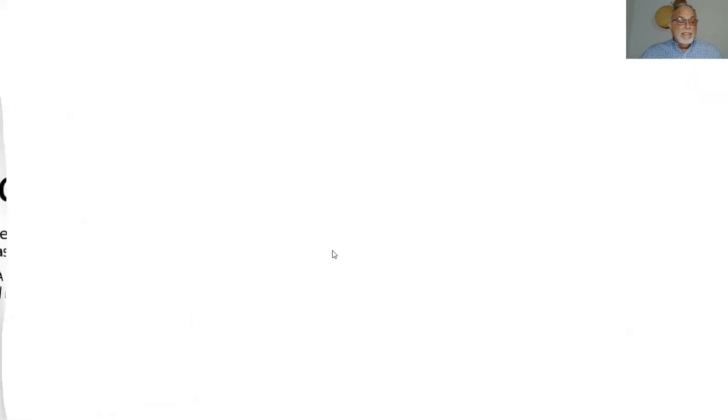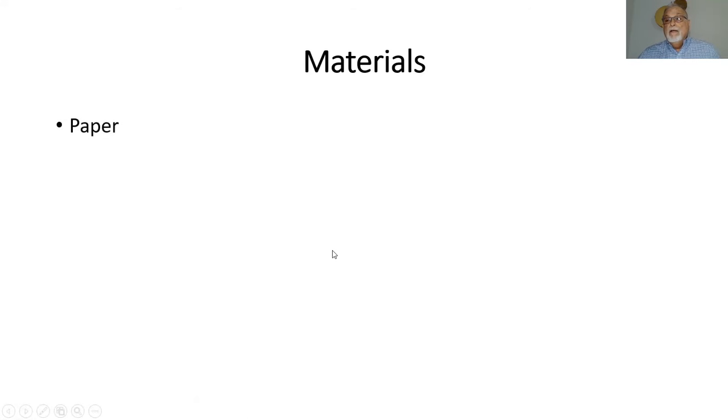These are some of the materials we're going to need for today's lesson. You're going to need some paper and a pencil. And we're going to use our hands for counting and for figuring out other things.